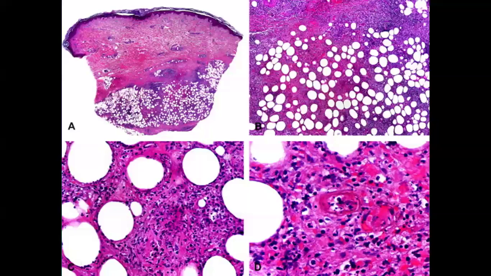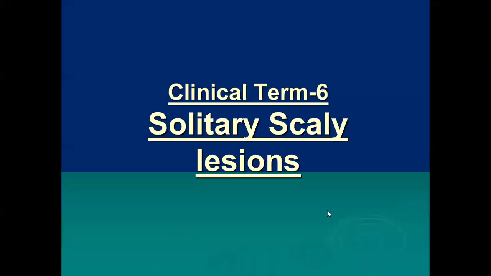The first is that it's a form of lobular panniculitis. Second, it's a granulomatous inflammation with presence of granulomas. And the third is the vasculitis. It involves small and medium-sized blood vessels, which is the reason for ulceration in these lesions.